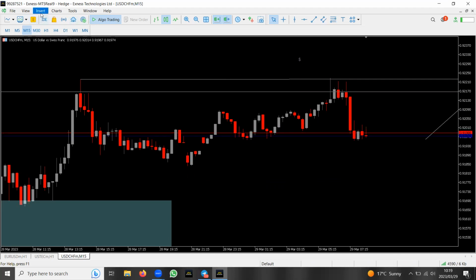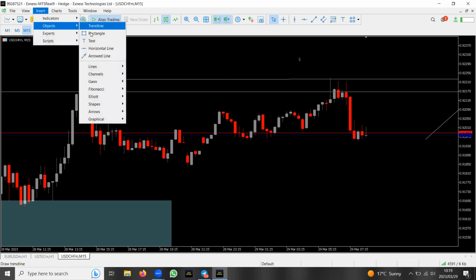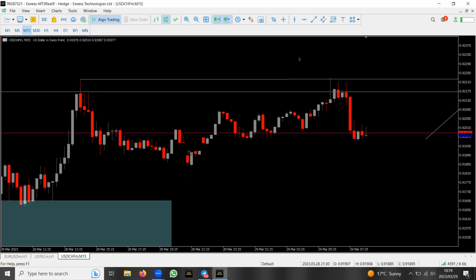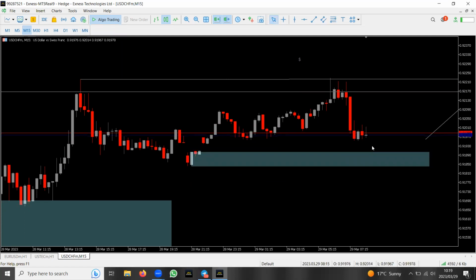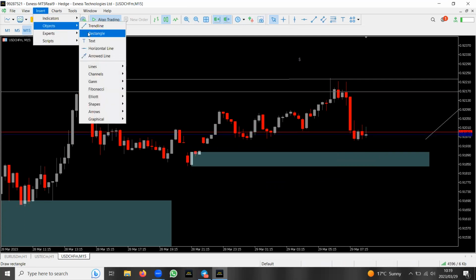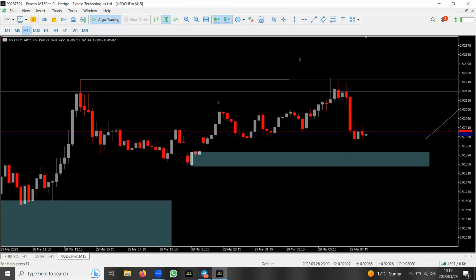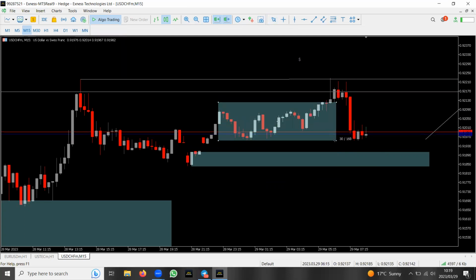On 15 minutes we are still in a sell regardless of this pullback. What we are hoping is to continue buying from here, the reason being that we are now aiming for the Asian lows. You remember our power of three, which we talked about: accumulation, manipulation and distribution.